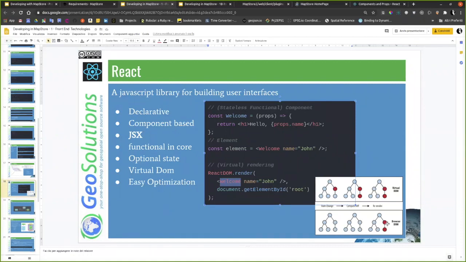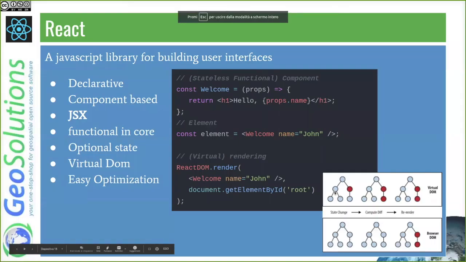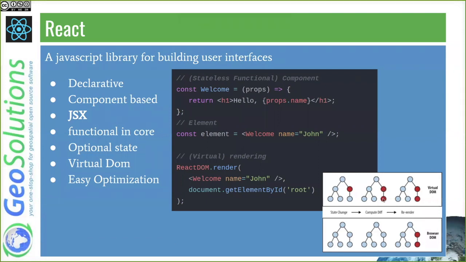To prevent this problem, React internally contains a virtual representation of the document object model, and when you do this render, in fact, React compares the old version of its virtual document object model with the new version, and checks what changed.